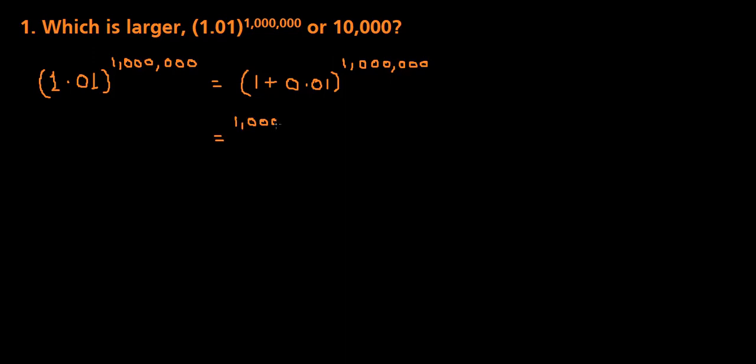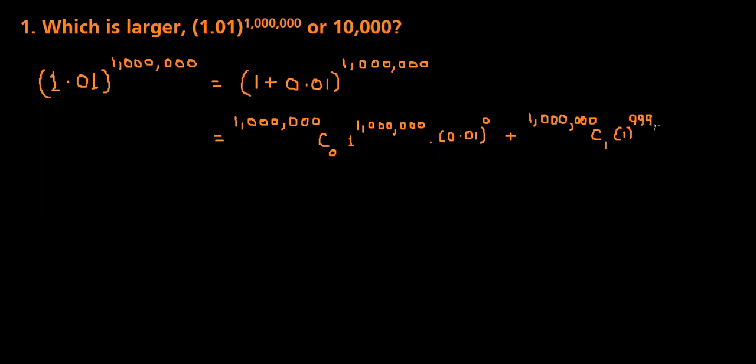So we have 1 million C0 times 1 raised to the power 1 million times 0.01 raised to the power of 0, plus 1 million C1 times 1 raised to the power of 999,999 times 0.01 raised to the power of 1, and the remaining positive terms.